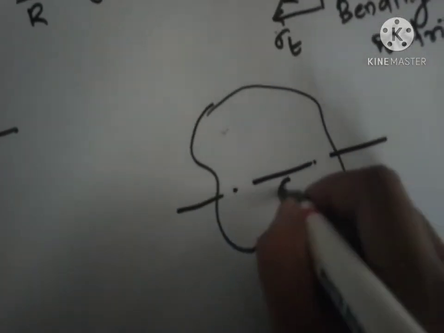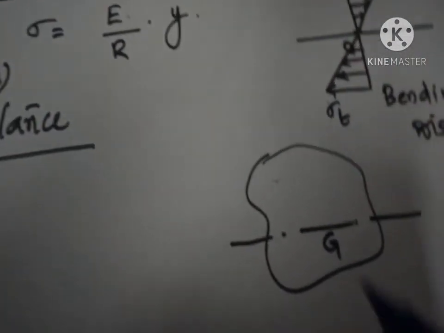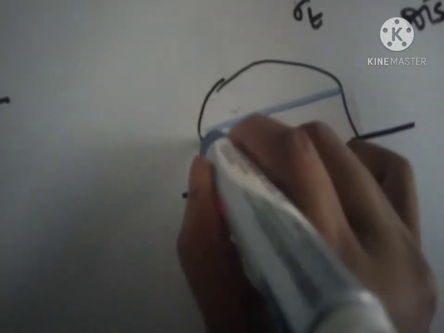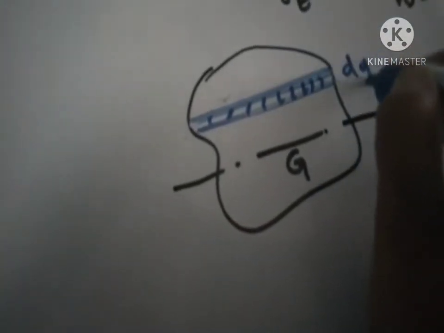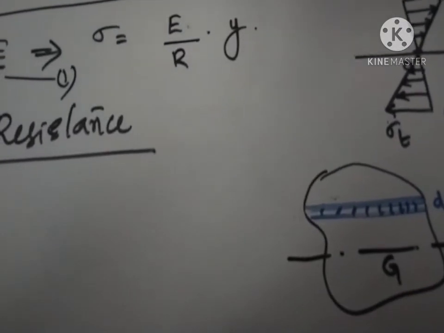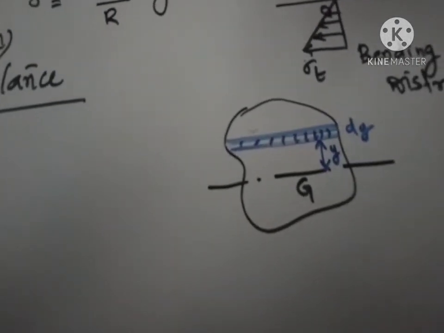This is the neutral axis G. dy is the thickness, and the layer is at a distance y from the neutral axis.